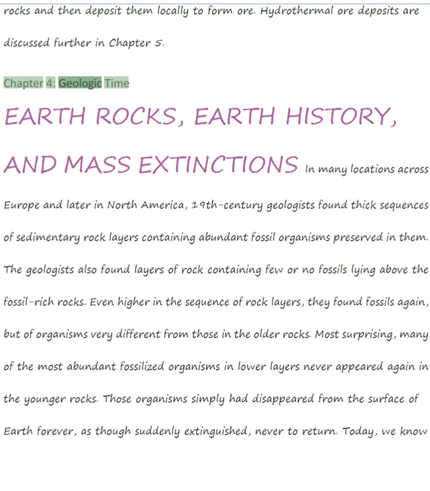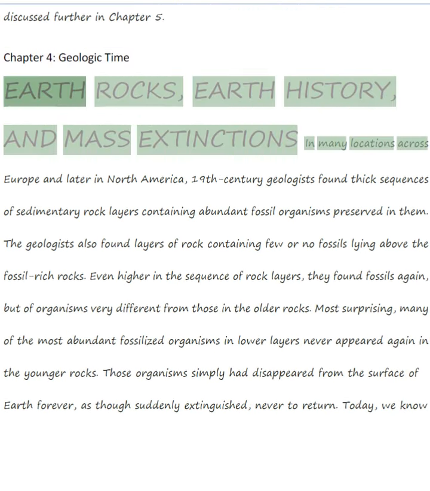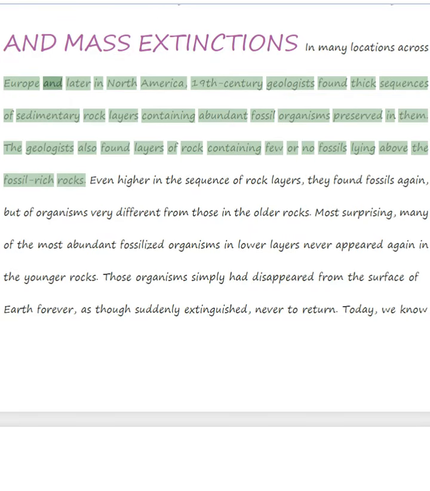Chapter 4, Geologic Time. Earth rocks, Earth history, and mass extinctions. In many locations across Europe and later in North America, 19th-century geologists found thick sequences of sedimentary rock layers containing abundant fossil organisms preserved in them. The geologists also found layers of rock containing few or no fossils lying above the fossil-rich rocks.